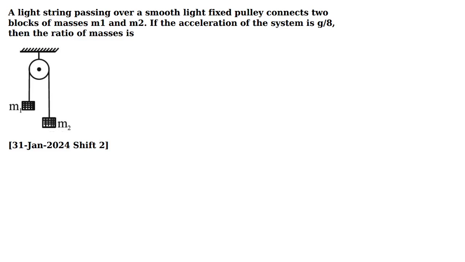You can assume that M2 is greater than M1. You can make an assumption. M2 going down, M1 going up.